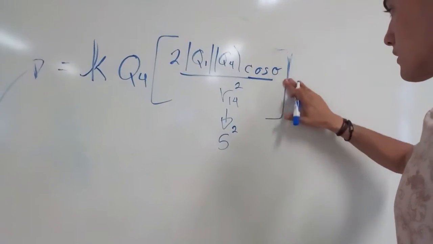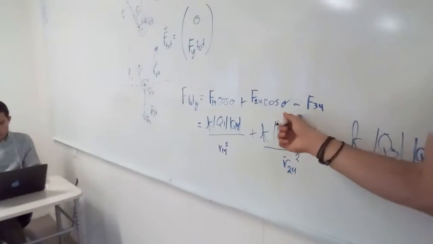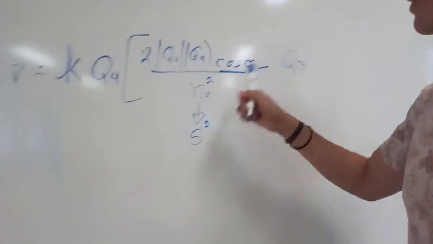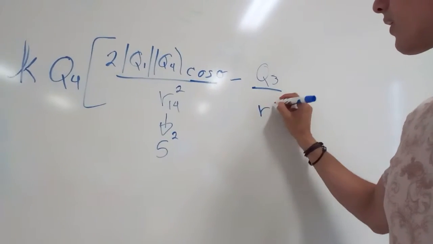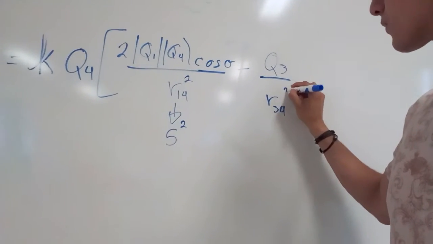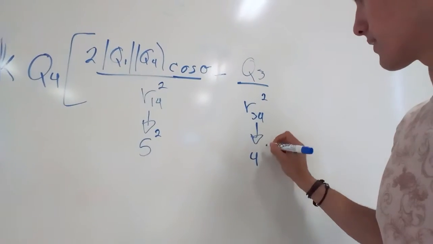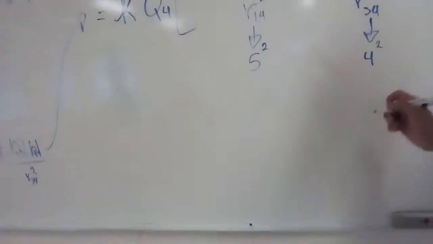With this part, we only have to subtract the part of the force that goes downwards. So this part is the charge 3, because we already have here the constant, and charge 4 over R from 3 to 4 squared, and this will be exactly the same as 4, because it is said at the beginning of the problem.